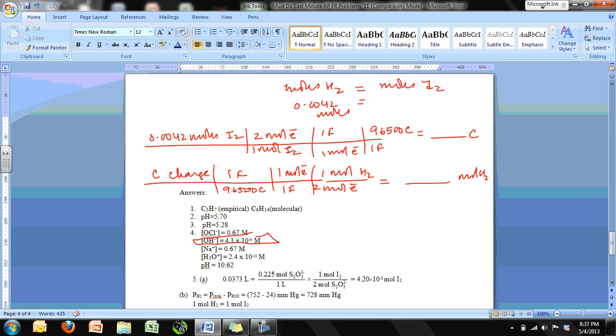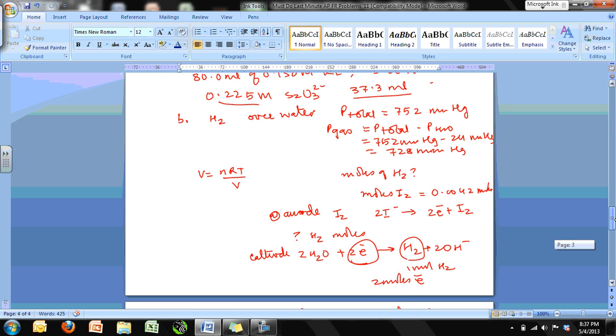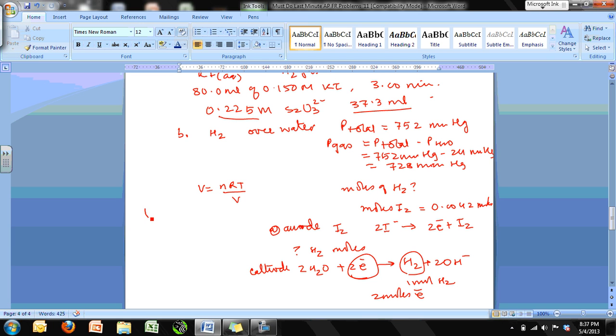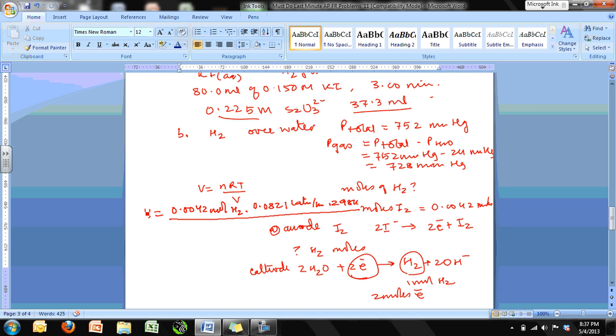So let's go back to our problem, and we have all the data here now. To calculate volume, we have moles of hydrogen, which is 0.0042 moles. R will be 0.0821 liter atmosphere per Kelvin mole. Temperature will be 298 Kelvin because it is at 25 degrees Celsius. And, I'm sorry, this is the pressure, not the volume here.